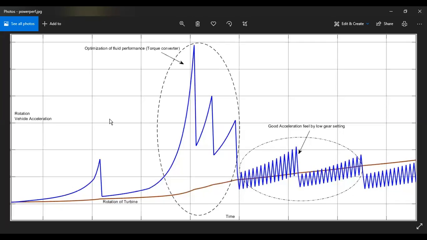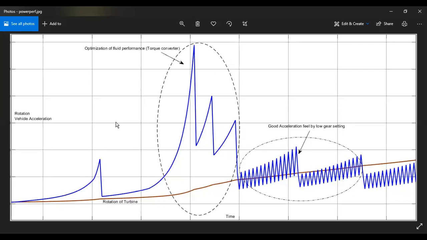Okay, so in this figure the blue lines represent the torque converter fluid performance, and the brown line represents the rotation of the turbine. The torque converter fluid performance and the engine control have been optimized to obtain the best acceleration feeling.